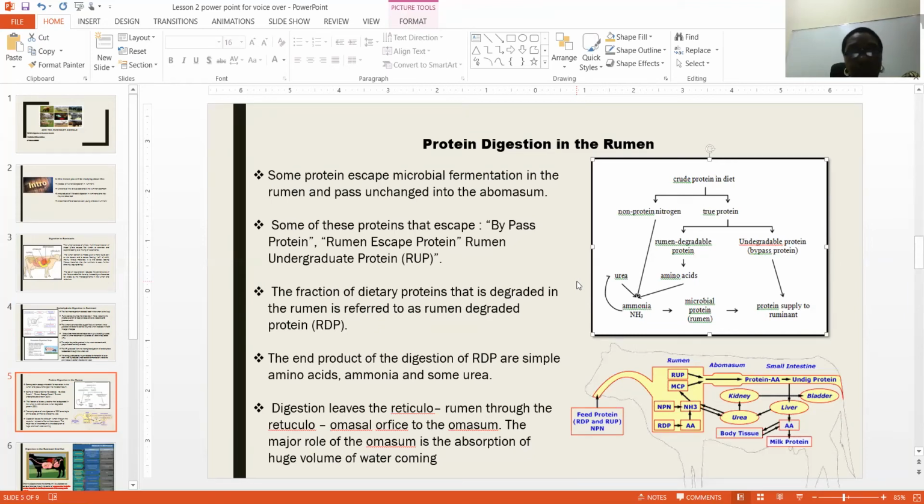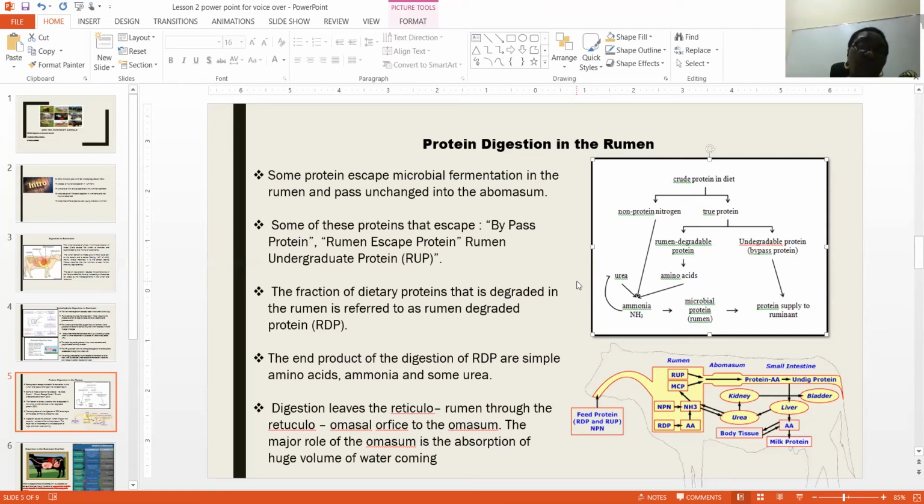The fraction of dietary proteins that is degraded in the rumen is referred to as the rumen degraded protein, also referred to as the RDP. The end products of digestion of rumen degraded protein are simple amino acids, ammonia, and urea. These are normally passed out through the eructation process in the animal.